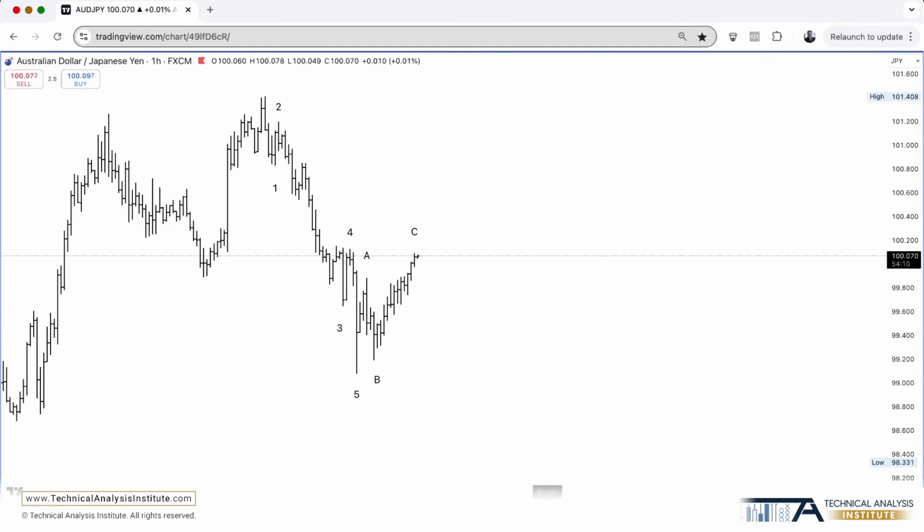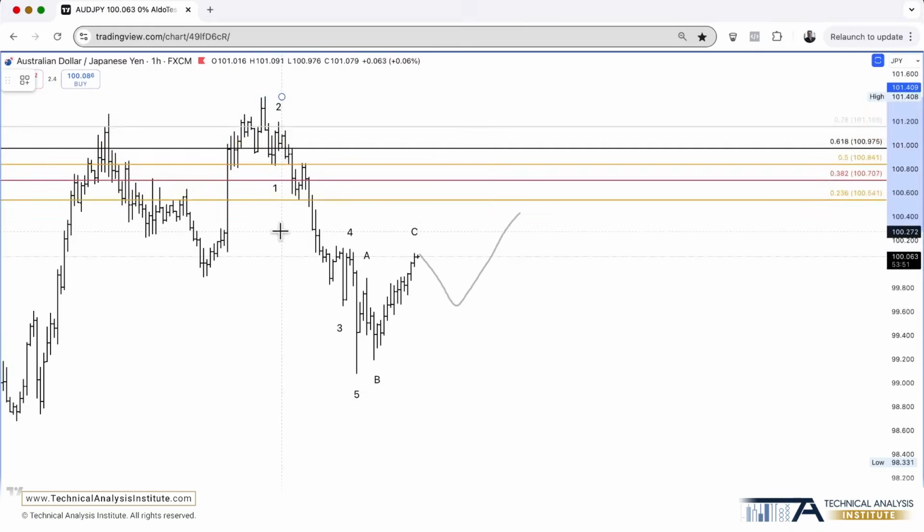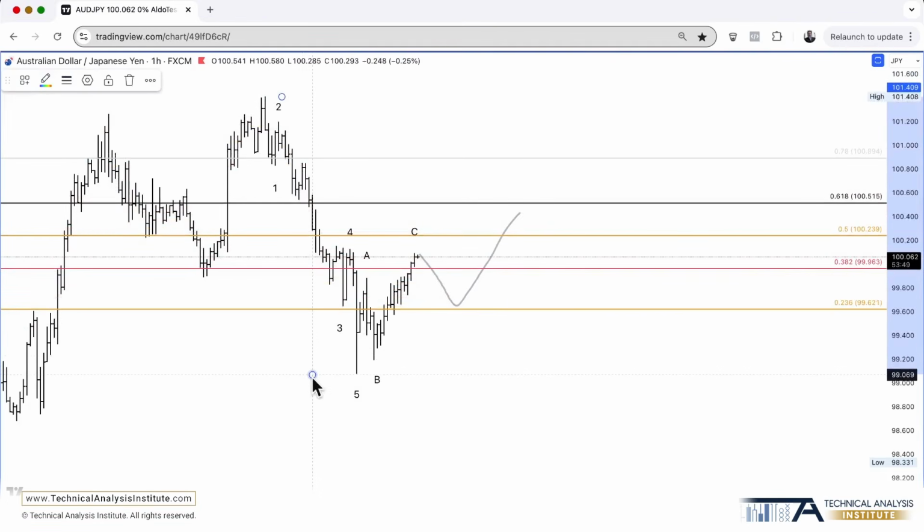As I said, it is possible that this ABC here is the beginning of a correction, and what we encounter now is another correction to the upside to actually reach that ideal level of 50 to 62% that we discussed earlier. So for that, we use the Fibonacci tool to see where that could be, and you can see here is the 50%, here is the 62%.